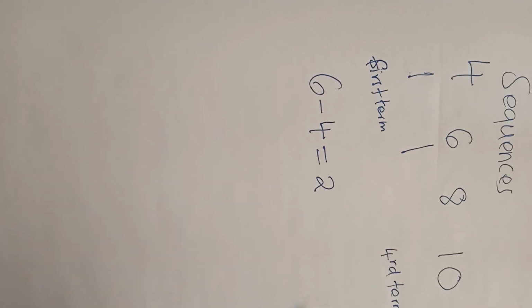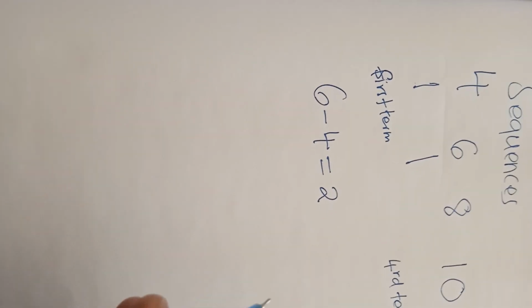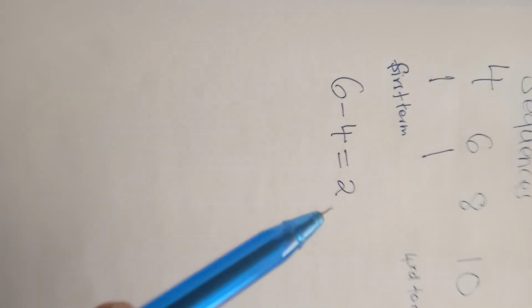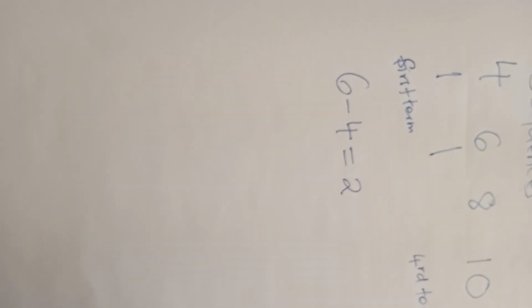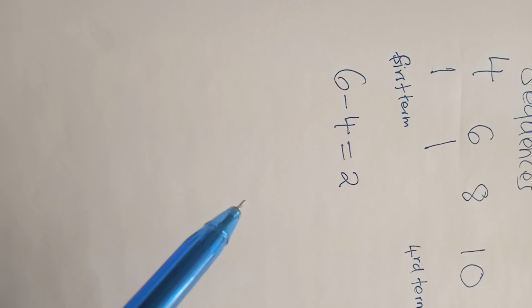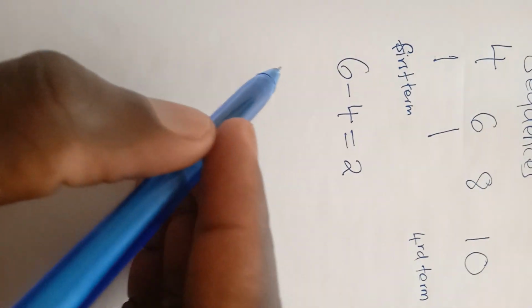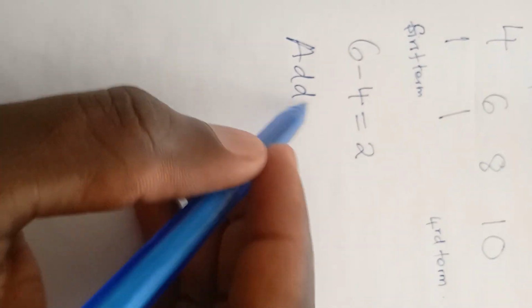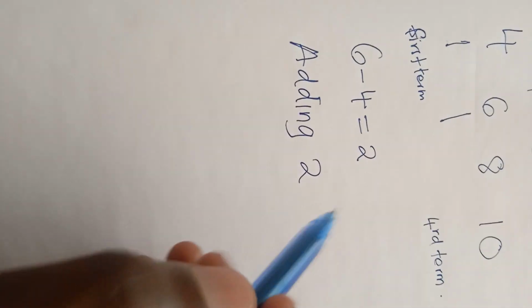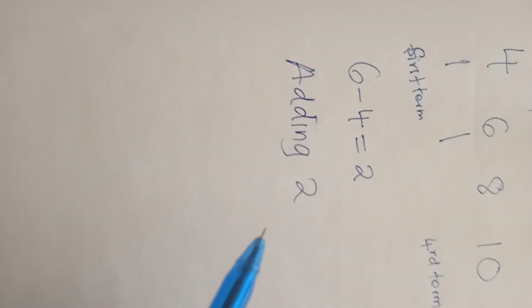Okay, so most of the questions you are being asked in sequences is just to find the term-to-term rule. For that, all you need to do is to know the first term, the second term, the third term, and then you just make an observation. If you're moving from the first term to the second term, what is happening? In this case, the term-to-term rule of this sequence is adding 2, because you're moving from 4 to 6, and 6 to 8, and 8 to 10, you're just adding 2.